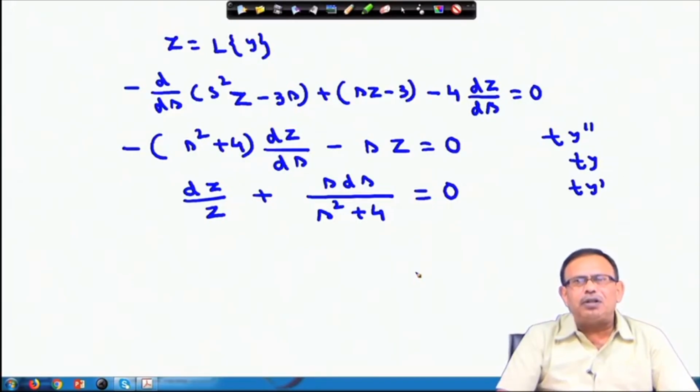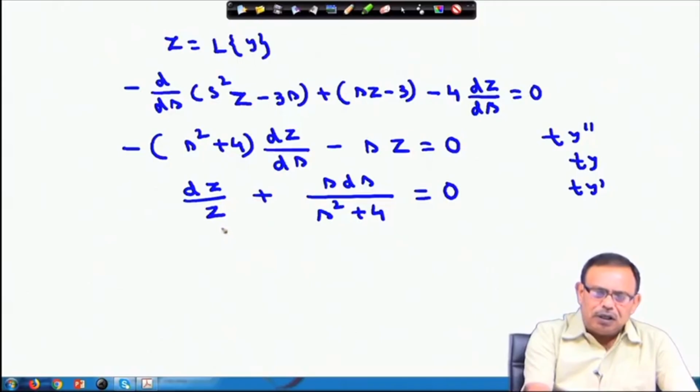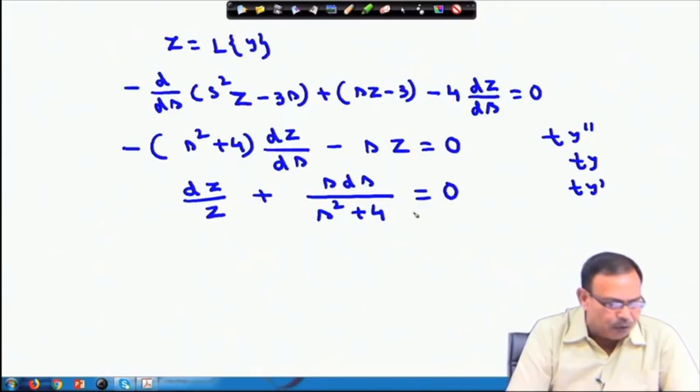Please note this change: usually by using the Laplace transform I should get an algebraic equation, but instead it converts into a much simpler ordinary differential equation in terms of another variable, like d z by z plus s into d s by s square plus 4, equals 0.